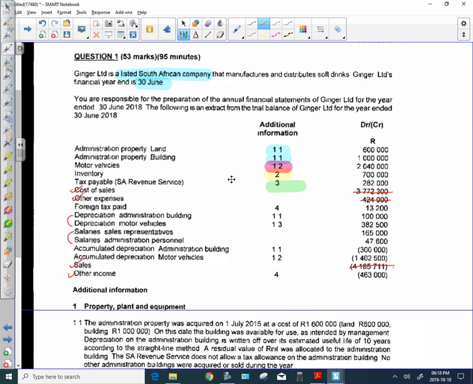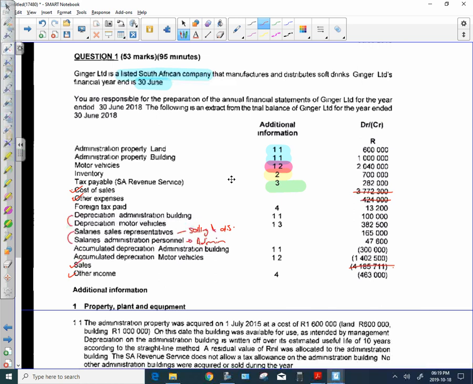Right, so in terms of salaries for the sales reps, that I would classify under selling and distribution expenses. Okay, so here you need to use some discretion as to where to classify those. Salaries for admin personnel, that I would classify under admin expenses. All right, so in terms of depreciation, we've got depreciation on the admin building and the motor vehicles.